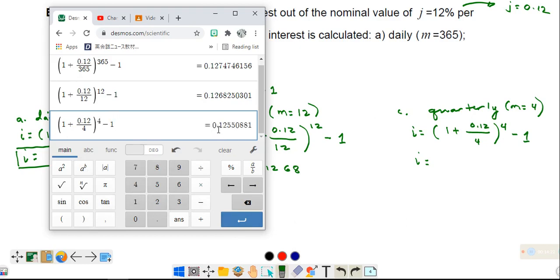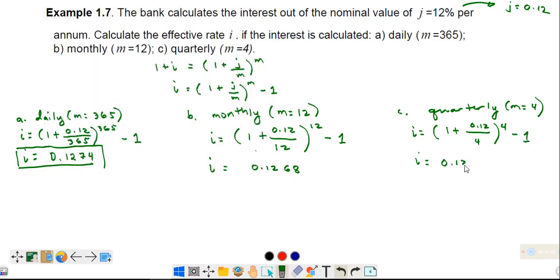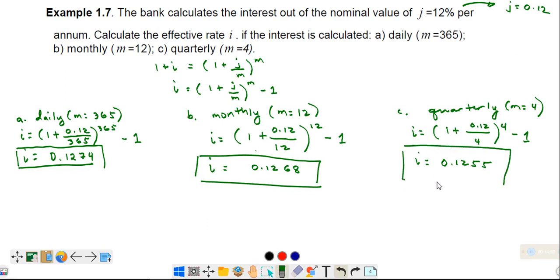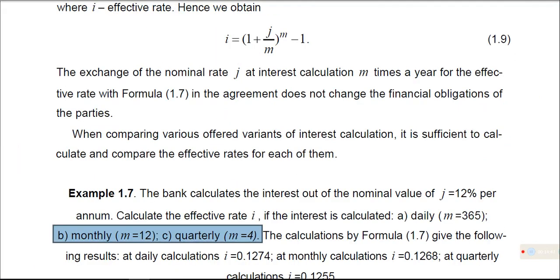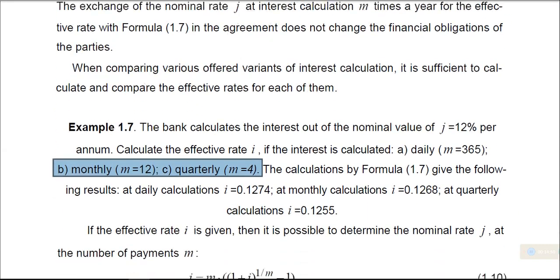We have 0.1255. Okay? So that is how you get the values for I at different terms M. Okay. I hope that was clear.